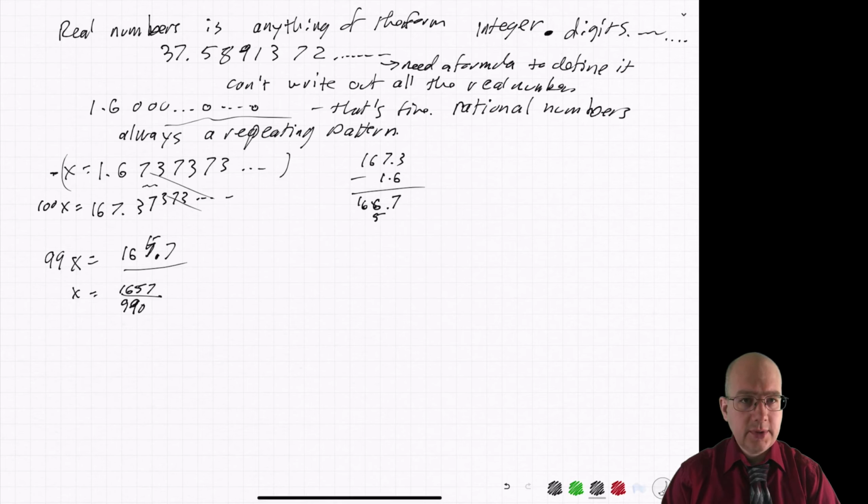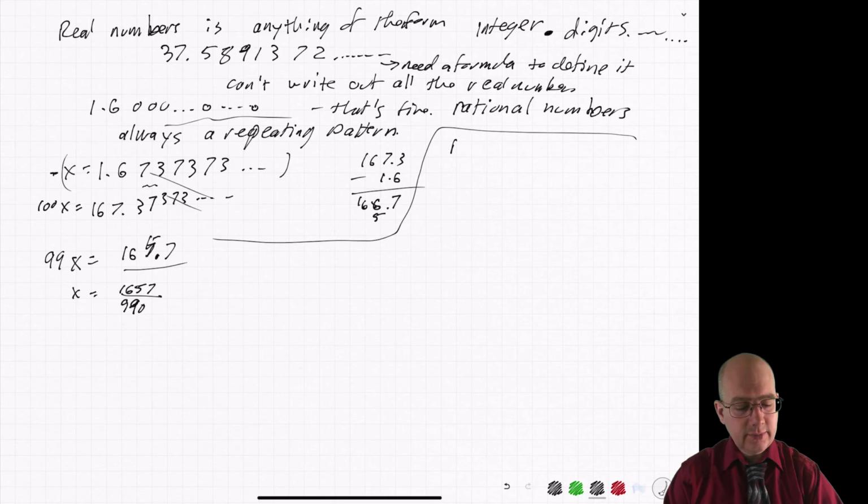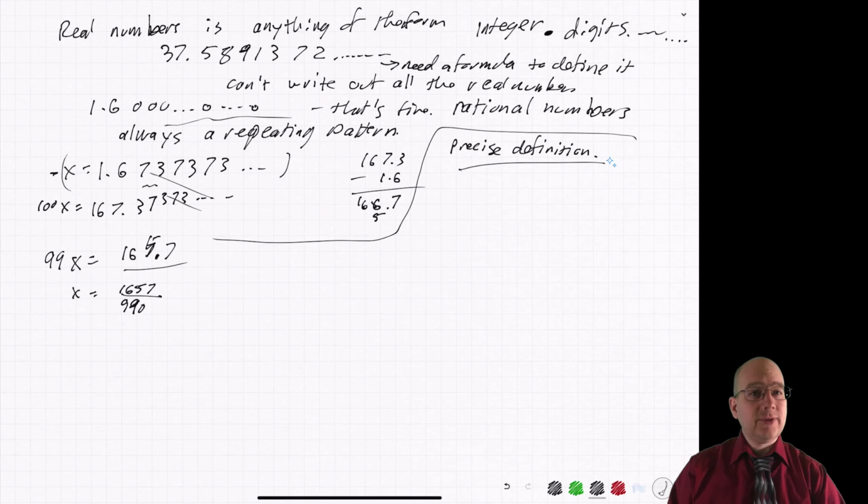So in some sense, that is a definition of real numbers, just decimals that go on forever. It's a little bit vague. So here's sort of a precise definition. I happen to like it. It's different than the definition in the other systems, quite frankly.